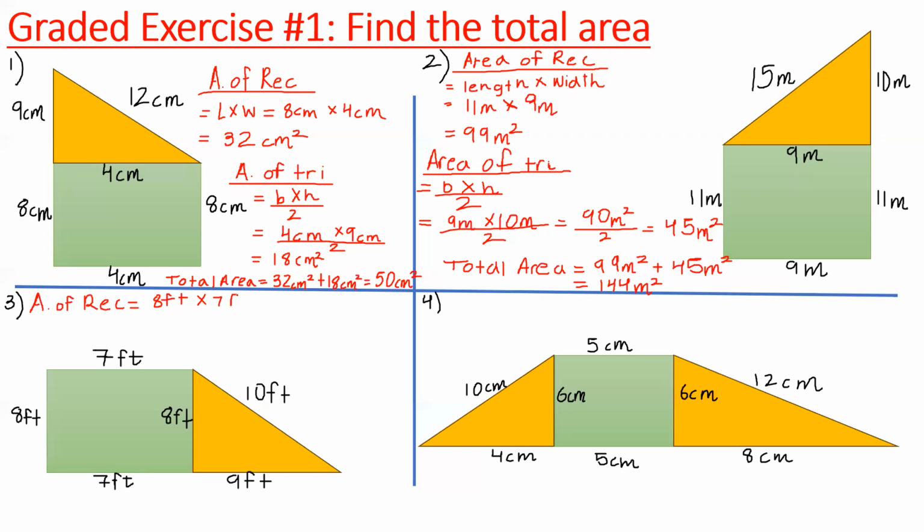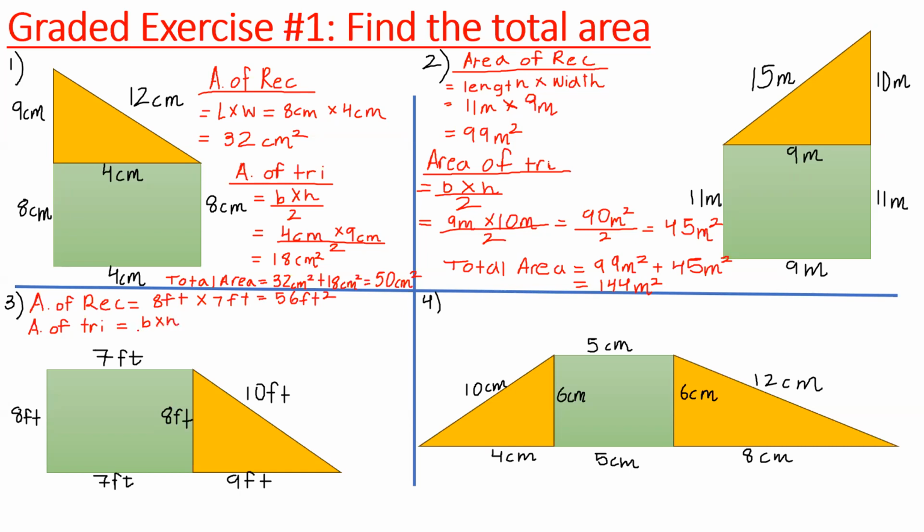And then you have to find the area of the triangle, which is base times height divided by 2, which is 8 times 9 divided by 2.